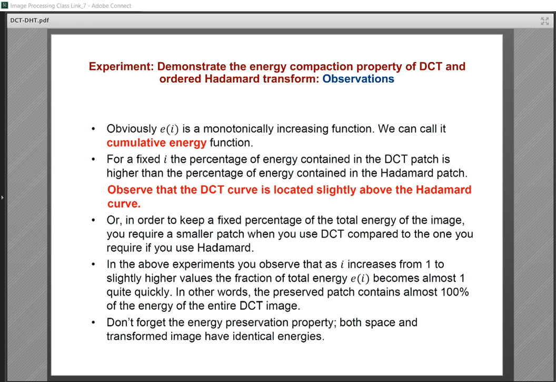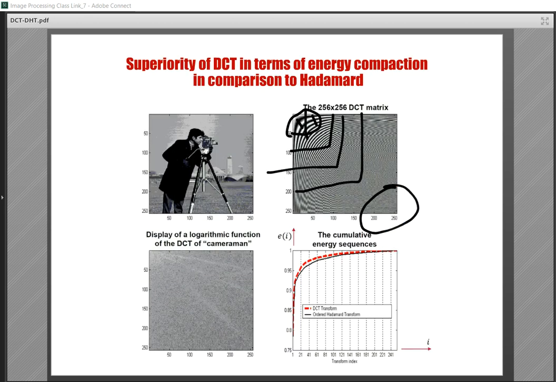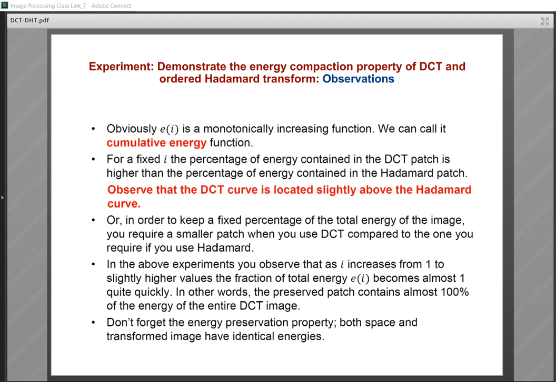Or in order to keep a fixed percentage of the total energy of the image, you require a smaller patch when you use DCT compared to the one you require if you use Hadamard. But we said Hadamard and DCT are the same.